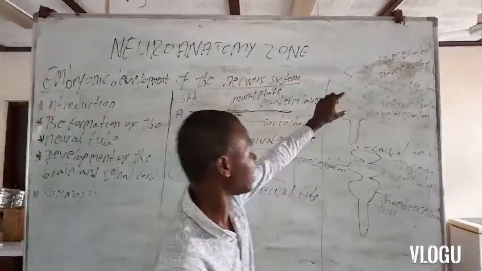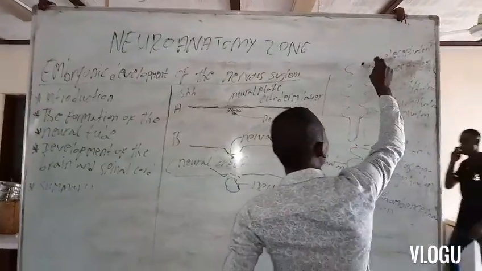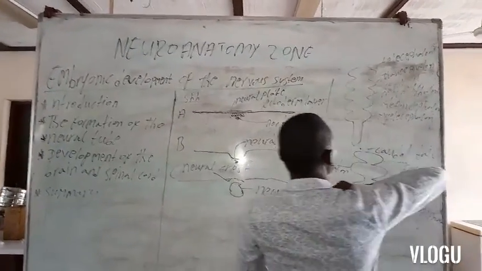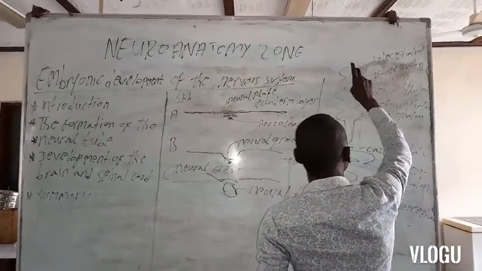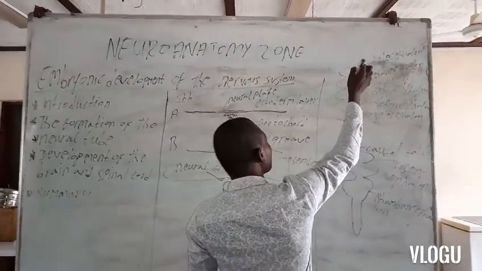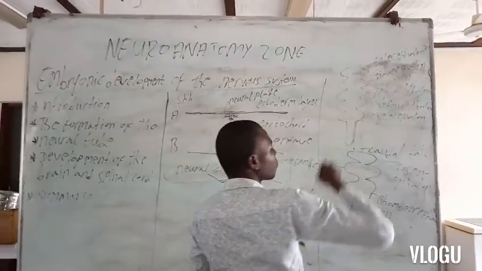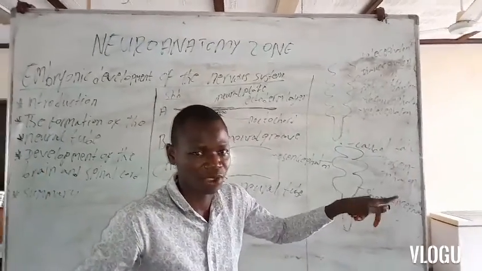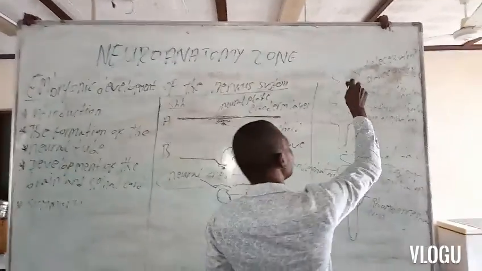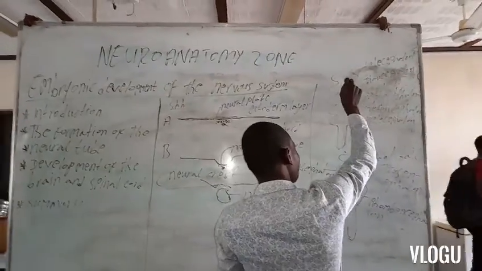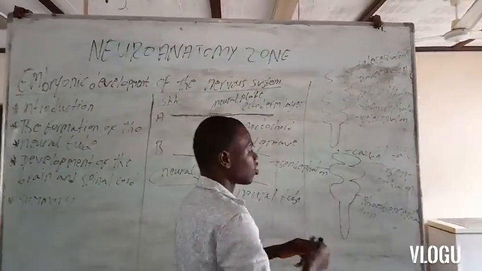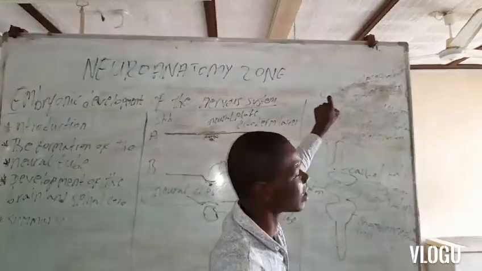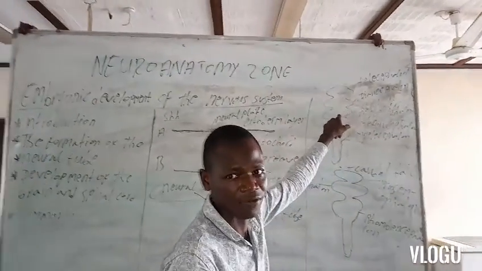Okay, so the vesicle of the prosencephalon, the vesicle of the telencephalon, is going to be developed to produce the right and the left lateral ventricles of the brain, while the vesicle of the diencephalon is going to be developed to produce the third ventricle of the brain.